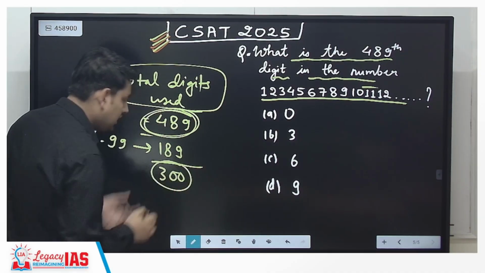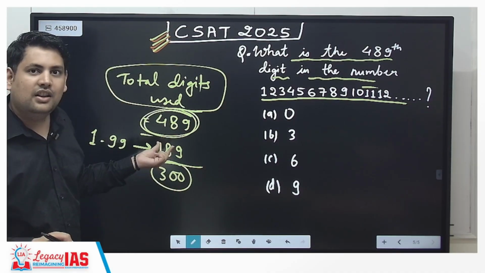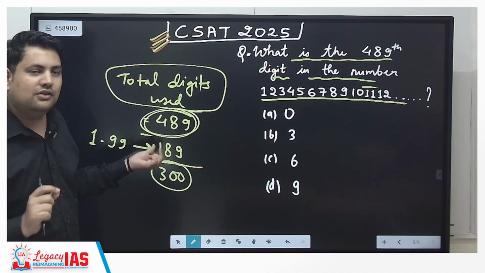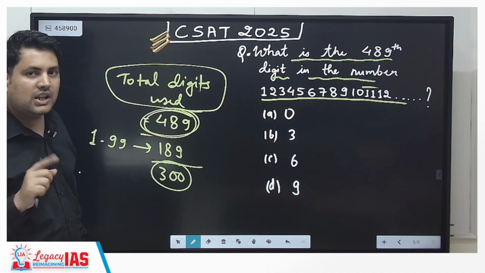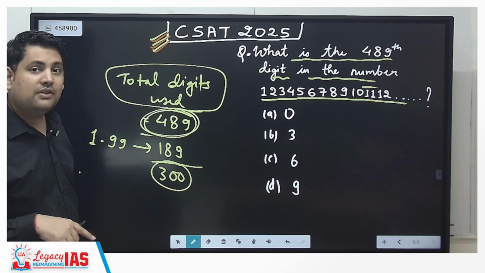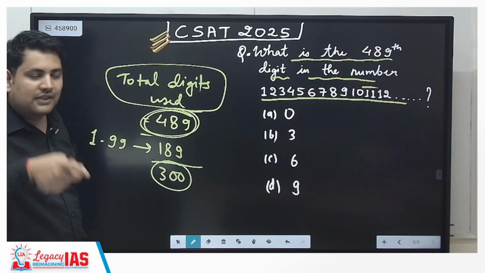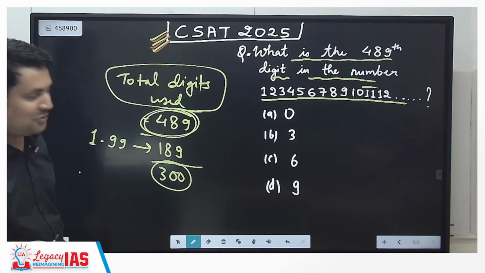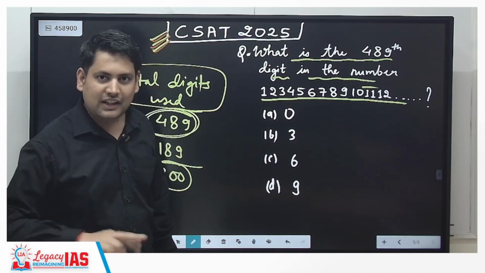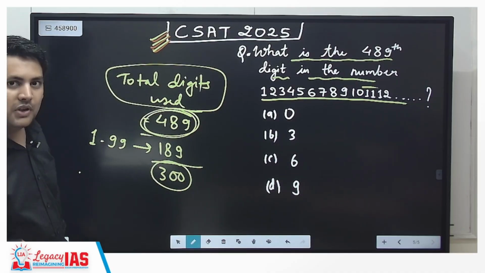See, by this 489 only, now you can guess that it is somewhere related to what we have read, because you remember the numbers 189, 2889. Somewhere it is related to that. That was your guess or clue to get to this, that this question is related to the number of pages and digits.